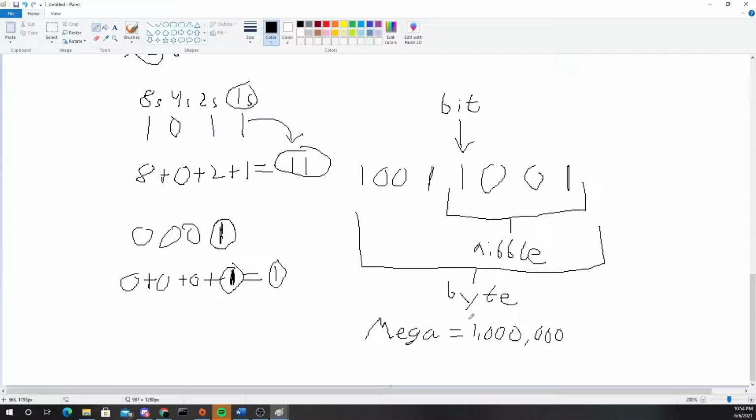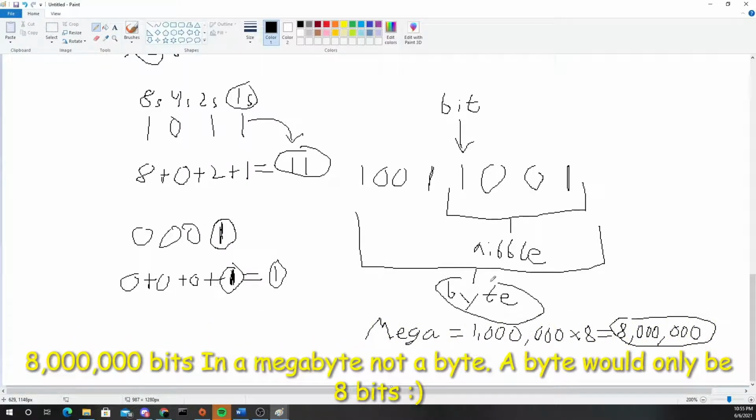So if you wanted to know how many bits were contained in this, we could just multiply this by 8, which would give us 8 million bits. So if we measured in bits instead of megabytes, there would be 8 bits in each byte, since each byte contains 8 bits.